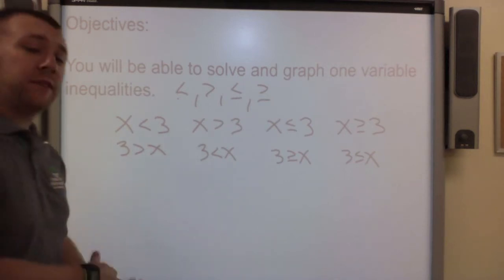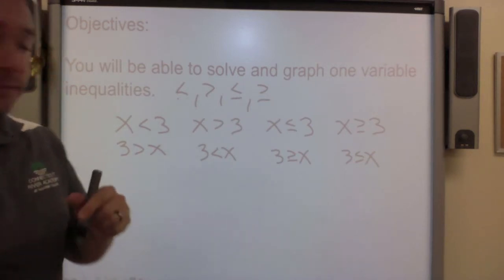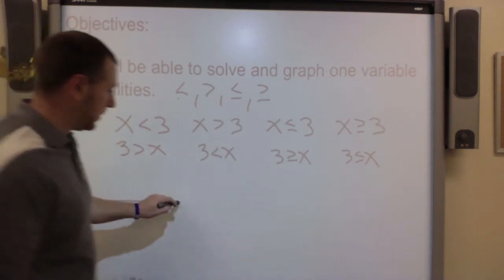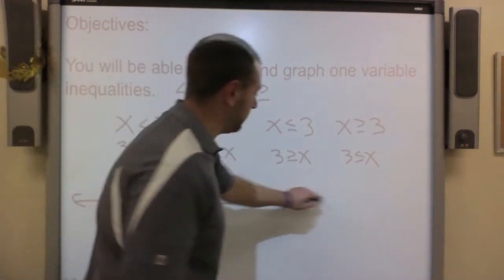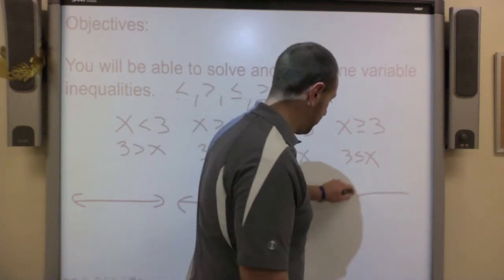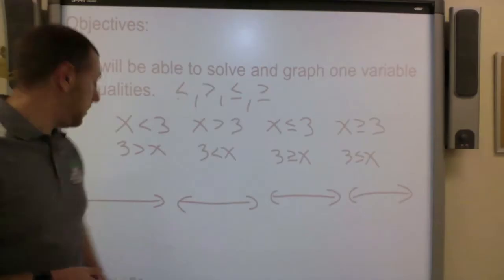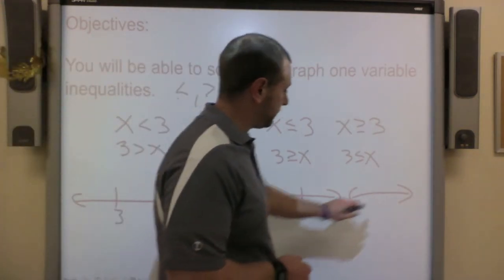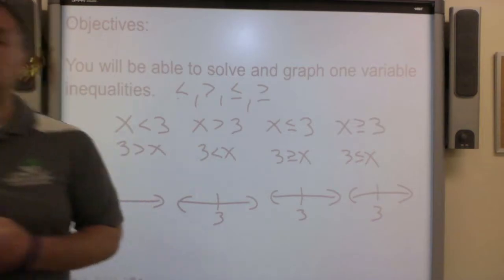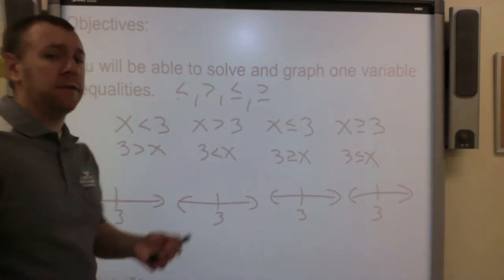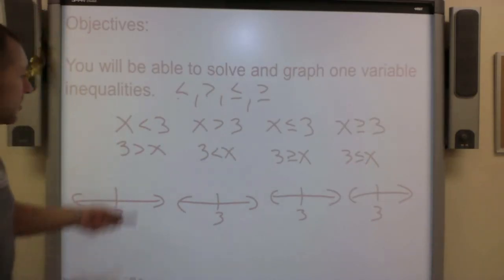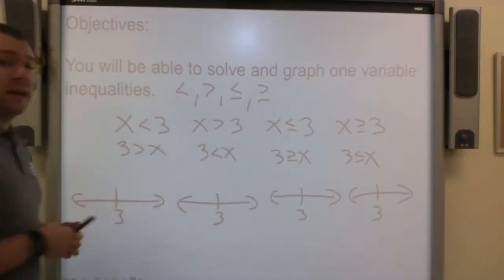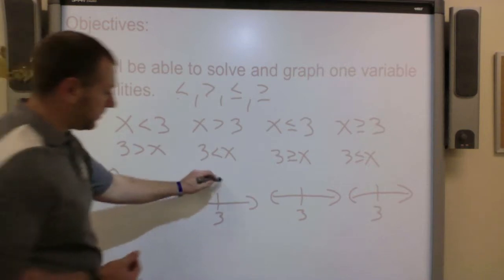Now, part of it is you're also going to be graphing these. So you're going to need a number line. Typically, I will provide them for you, but I'm just going to make them up right now. I'm just going to put 3 right in the middle. The biggest thing is the open versus closed circle. Anytime it's not equal to, so these don't have the line underneath, they're open circles.